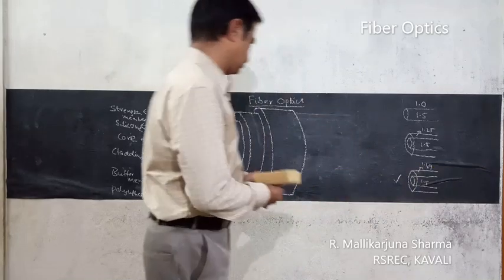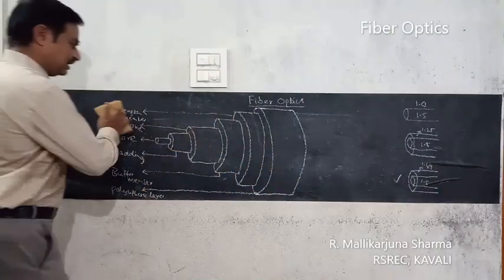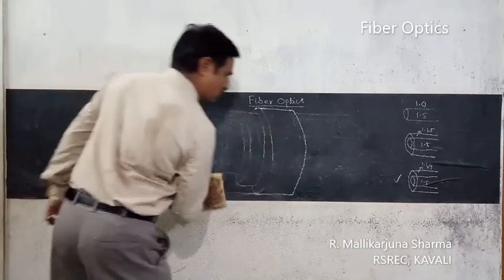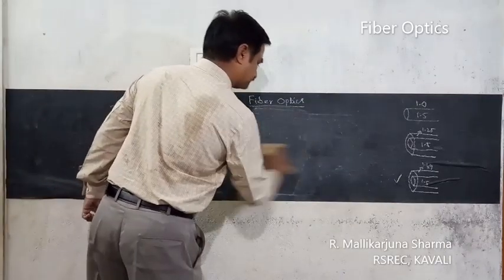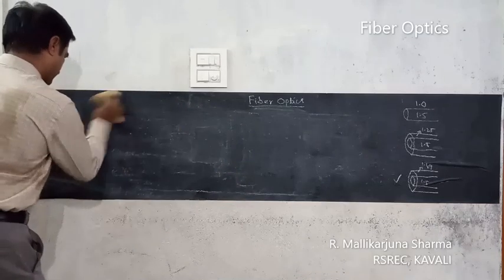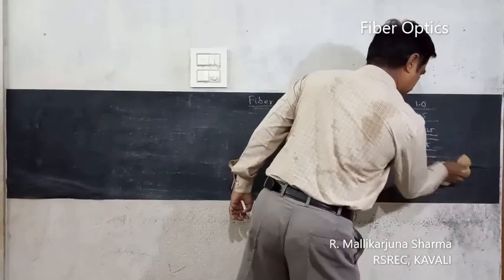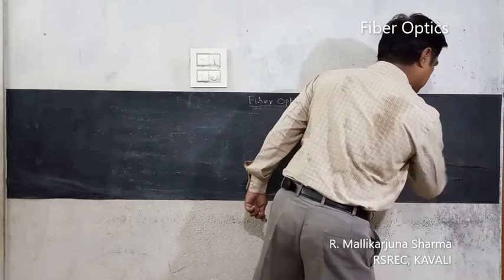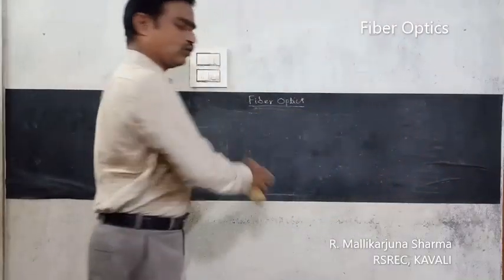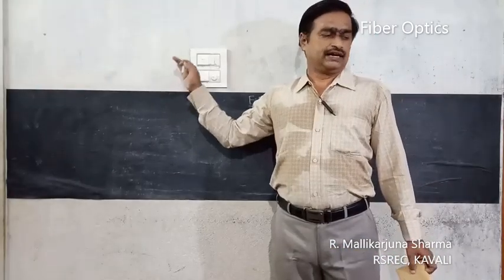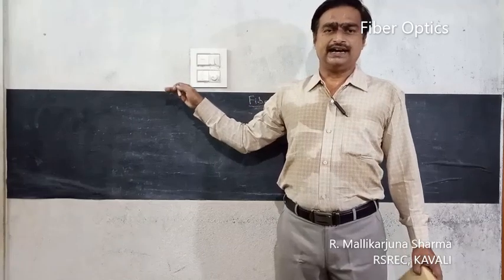To consider the propagation of light through the core and cladding structure, we make use of Snell's law. The propagation of light through the core of the optical fiber works on this principle, called total internal reflection.